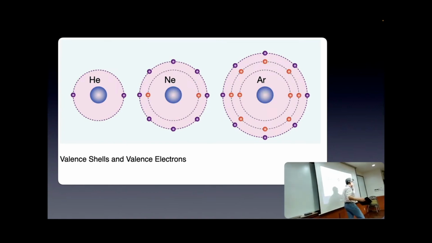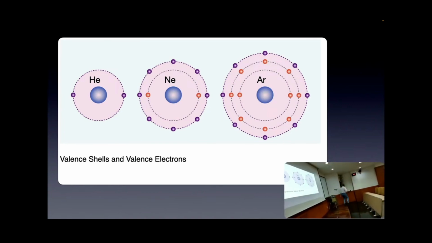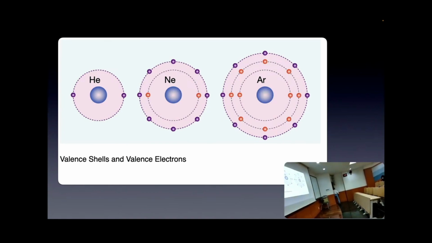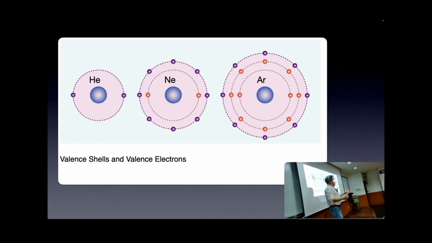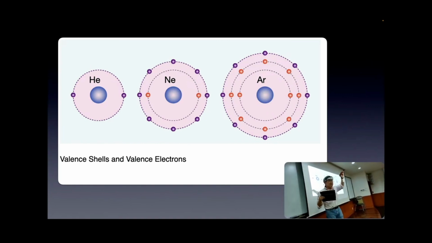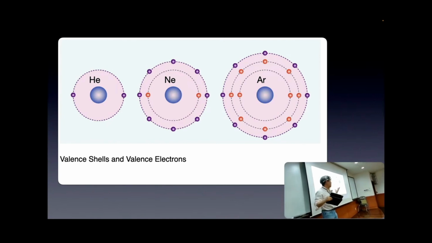Once you have exceeded that maximum number of electrons, any extra electrons have to be put in the next level of electron shell, and so forth.